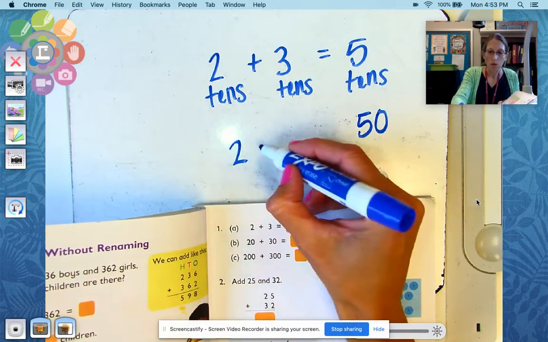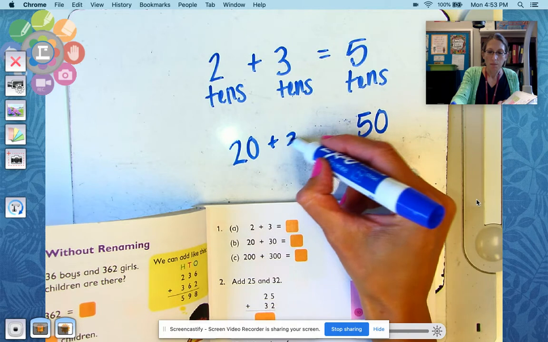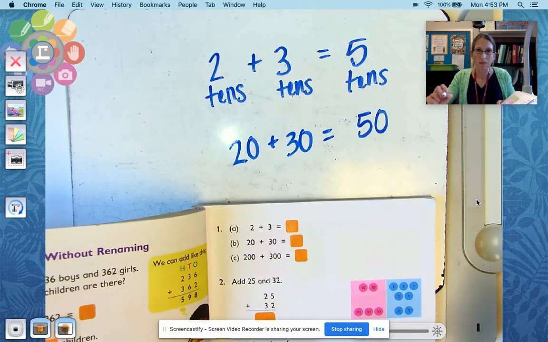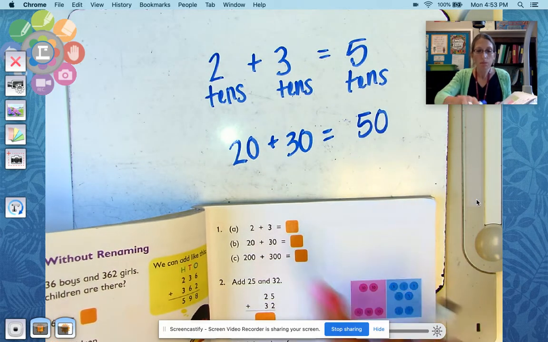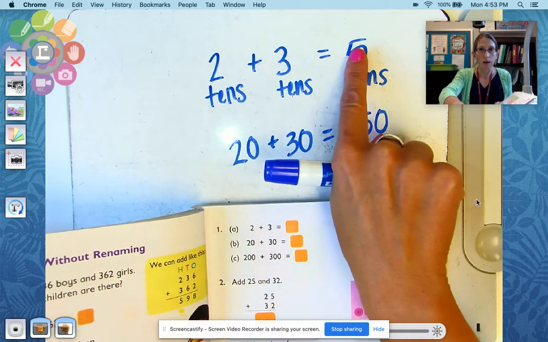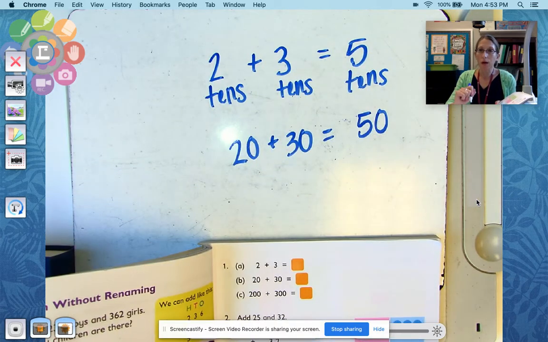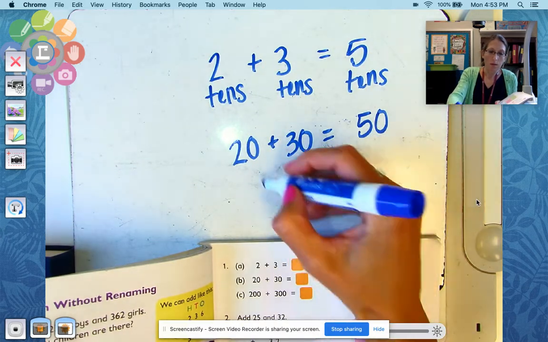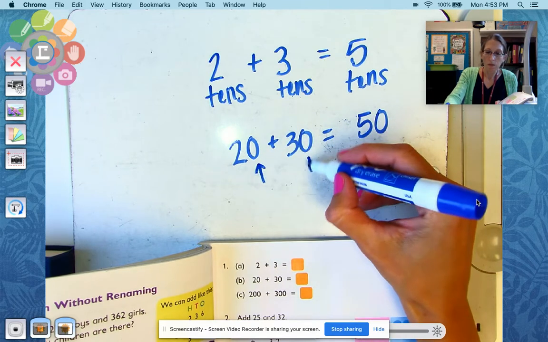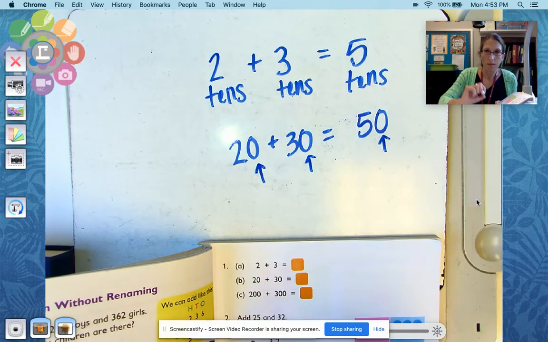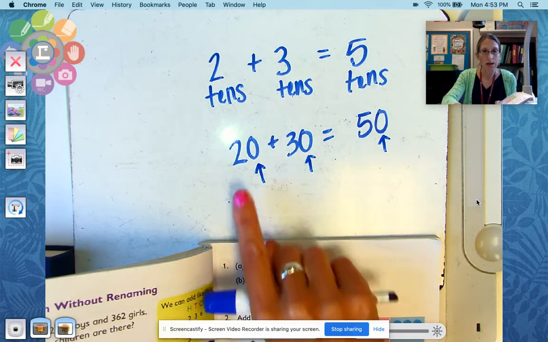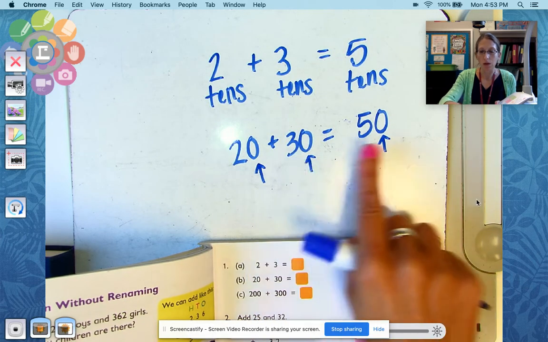So if we know 20 plus 30 makes 50, because we knew 2 plus 3 makes 5, we can also figure out the hundreds. And you probably noticed this 0 here, right? When we're doing tens, we just add a 0. 20 plus 30 equals 50.